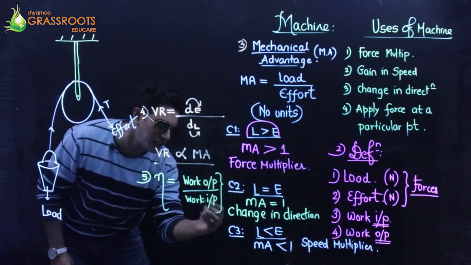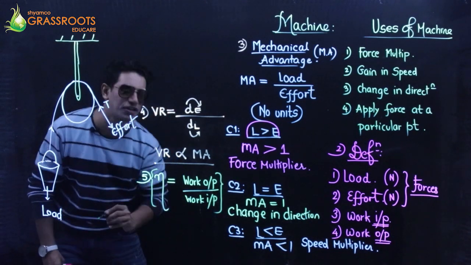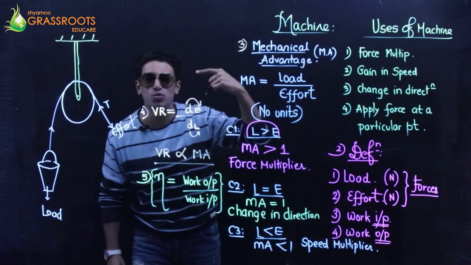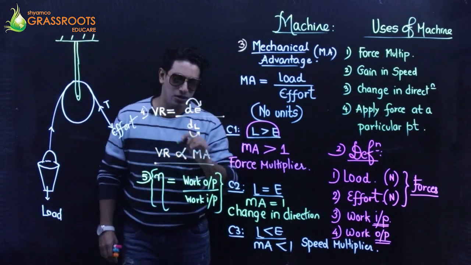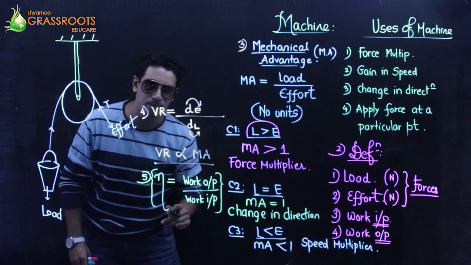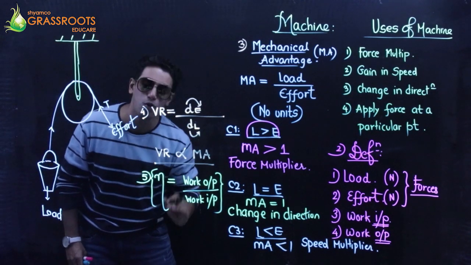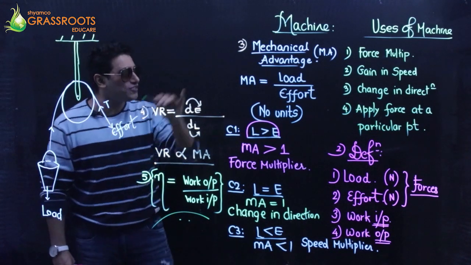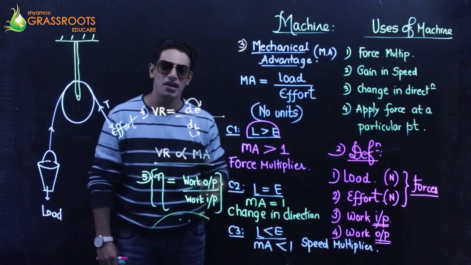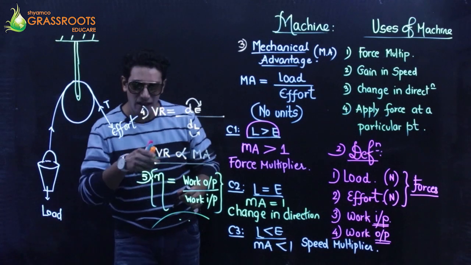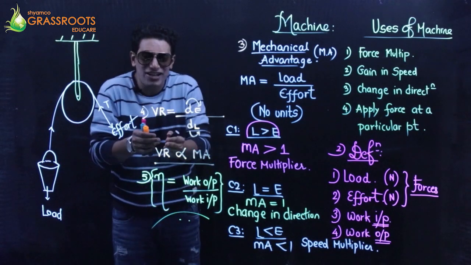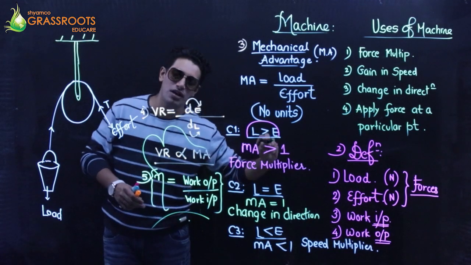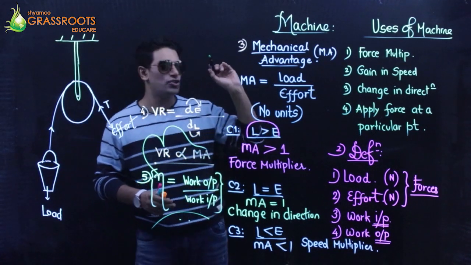Or you can also call it power output upon power input if the time is the same, because power is work upon time. So this can be written as a ratio of work output to work input. We're going to study this much more, but first I want you to go through these things, and we're going to attack efficiency and a relationship between efficiency, velocity ratio and mechanical advantage.